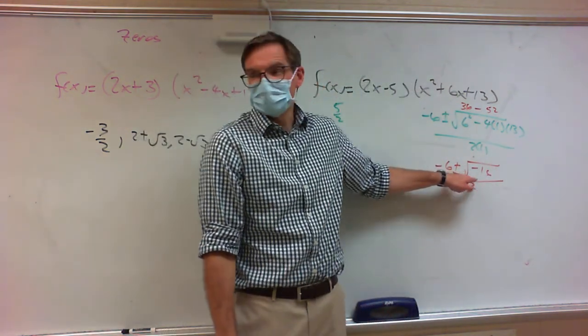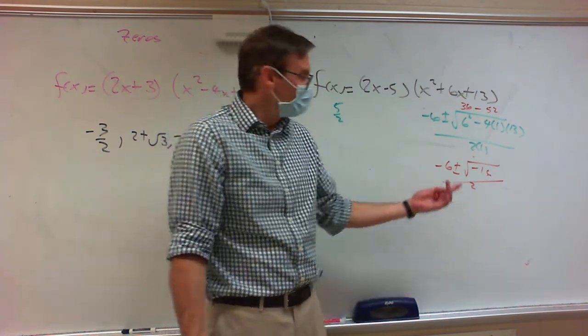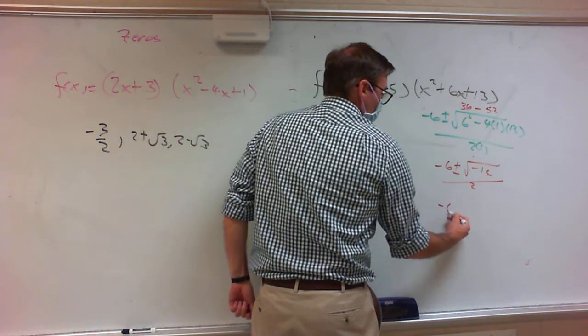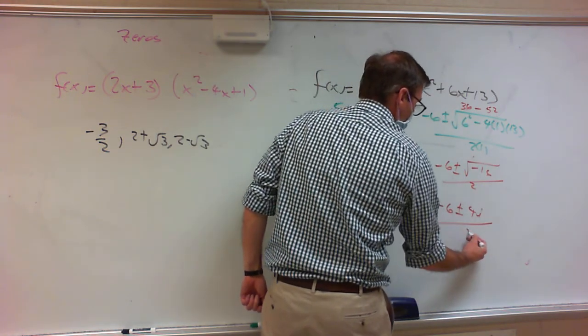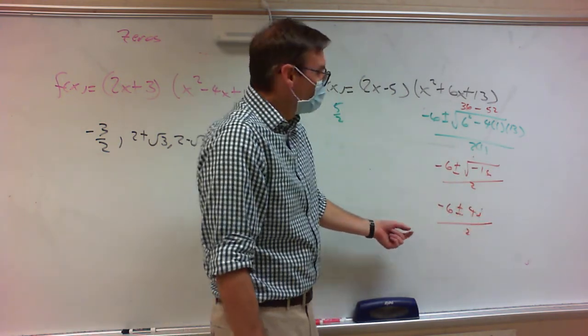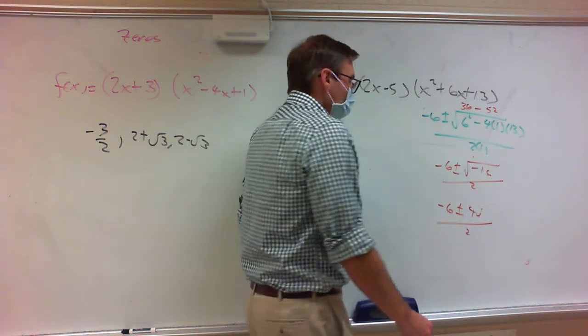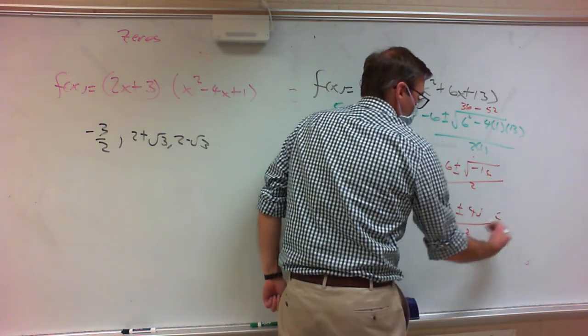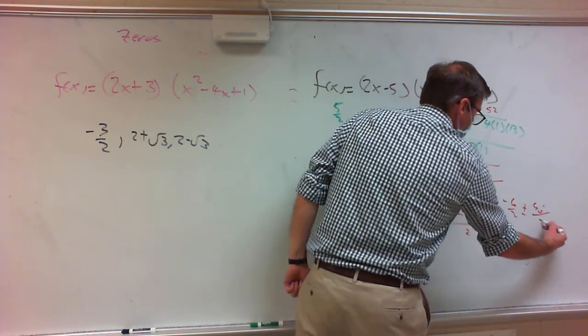Since I've got the square root of a negative, we're going to have an i. So this simplifies to negative 6 plus or minus 4i all over 2, since the square root of 16 is 4. But we can clean this up: negative 6 over 2 plus or minus 4i over 2.